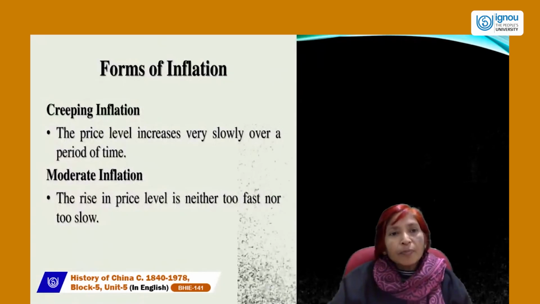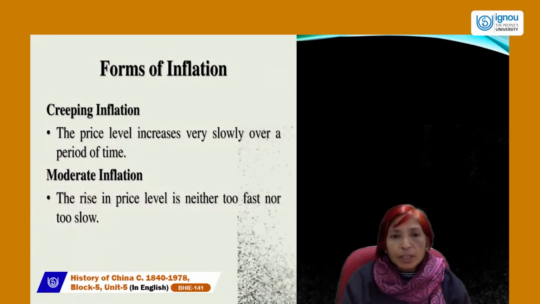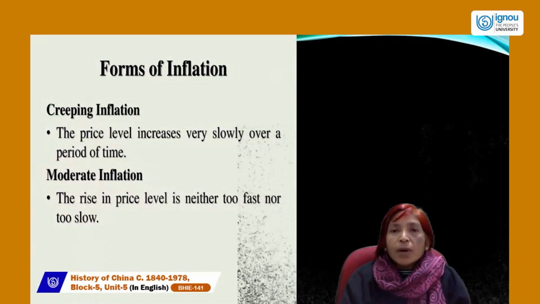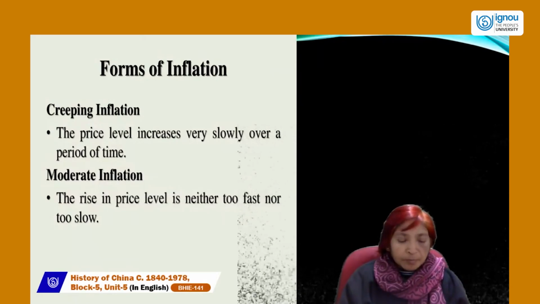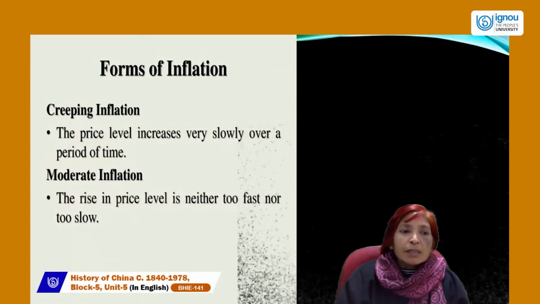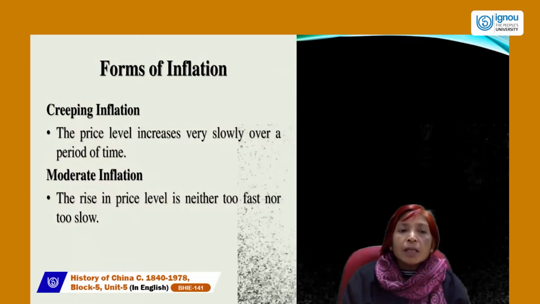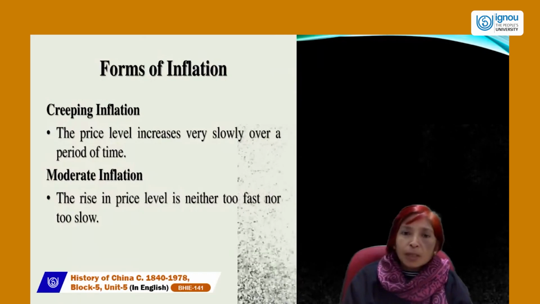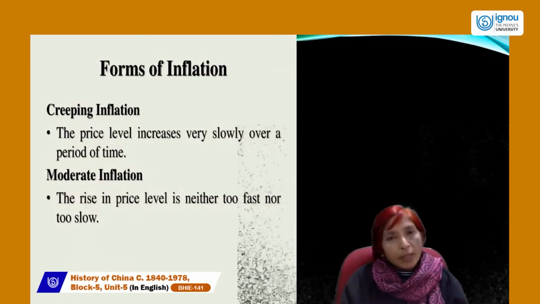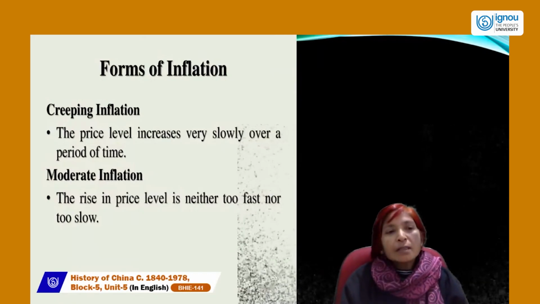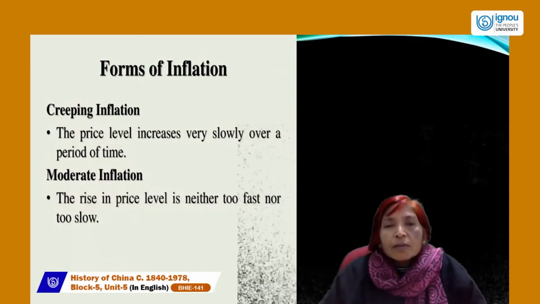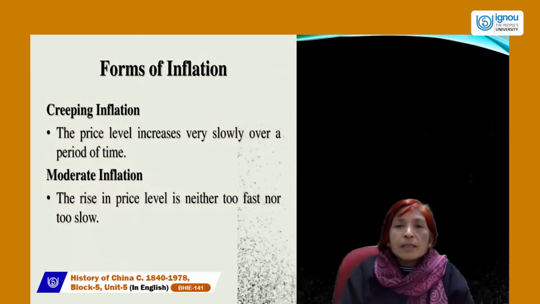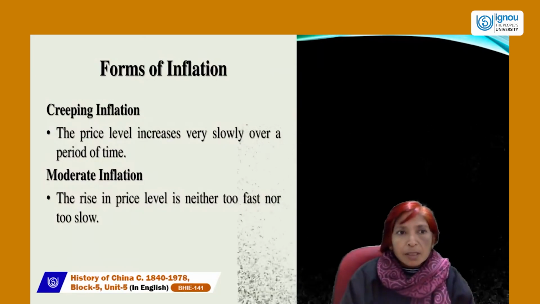Now next is forms of inflation. Number 1 is creeping inflation. Creeping inflation means the price level increases very slowly over a period of time. When the price level increases at a very slow rate, that is creeping inflation.